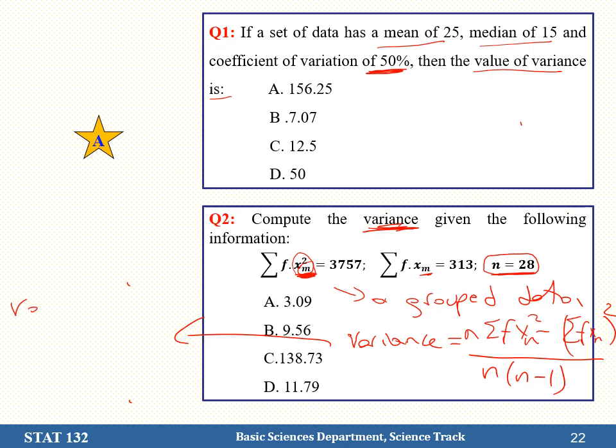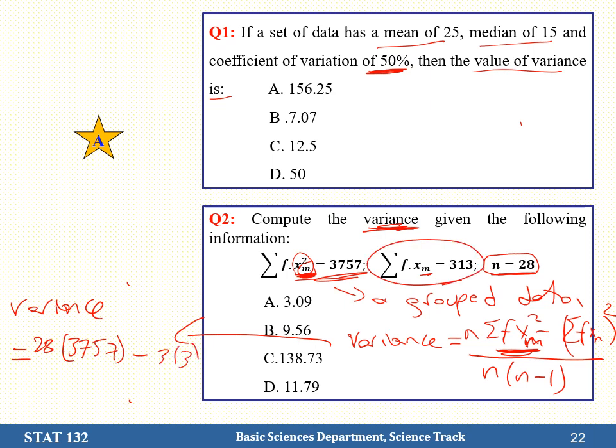Variance is equal to n, which is 28, times the sum of f xm squared, which is 3,757, and then minus this one, 313 squared, divided by 28 times 27. Now, if you use a calculator, you will see it's equal to 9.56.